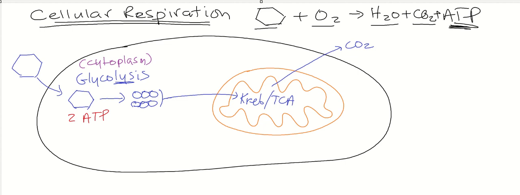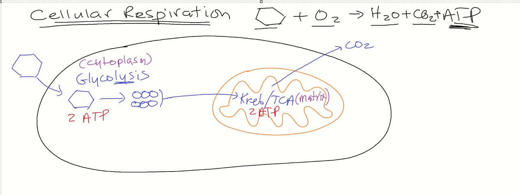The Krebs cycle happens inside the mitochondria, known as the matrix, the mitochondrial matrix, and that's going to make 2 ATPs. So we haven't gotten much ATP yet.